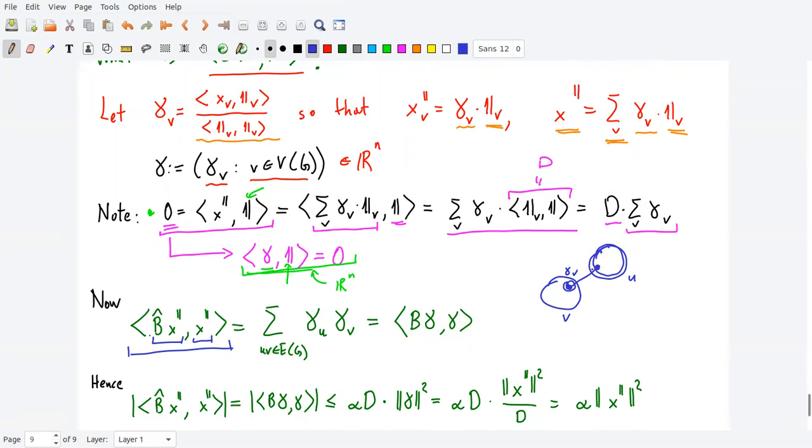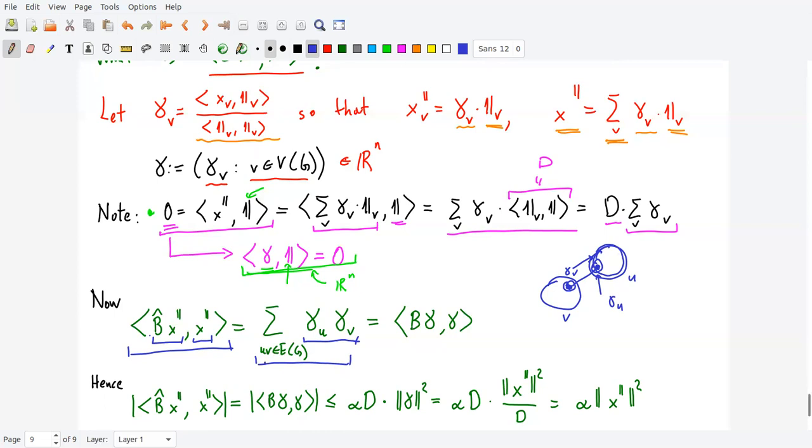So I make a product of this gamma v being sent from v and the value gamma u that was here. You can also view it as using the adjacency matrix. But all in all, this product is nothing else than the sum over all the edges of G of just the product of gamma u and gamma v.